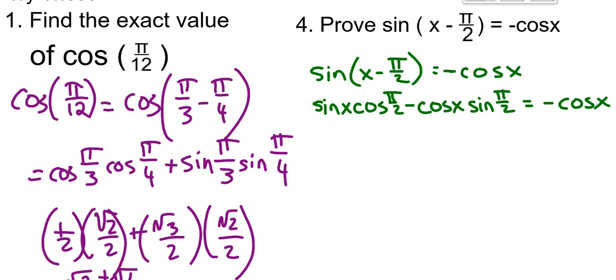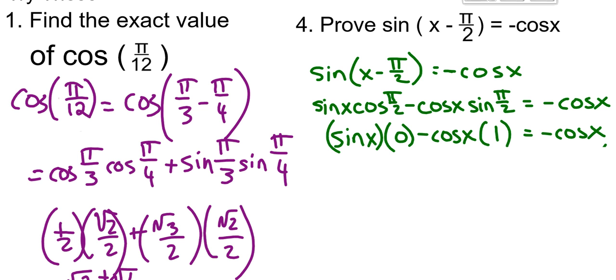Again, we can get these directly off of our table. Sine x stays sine x. Cosine pi over 2 is 0, minus cosine x times sine pi over 2, which is 1. We want that to equal negative cosine x, and 0 times anything is 0, so we get negative cosine x equals negative cosine x for that one. Pause this if you need to.